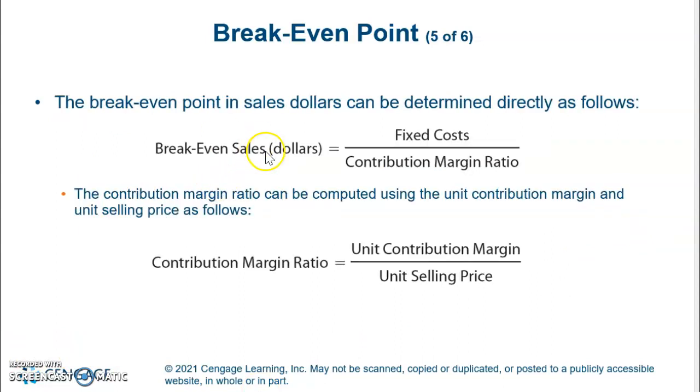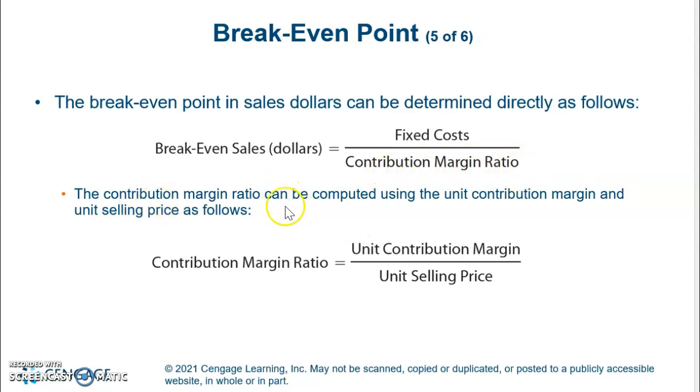Now, if you want to figure out how to calculate the break-even sales amount in dollars, instead of the number of units, you want the number of sales dollars. You're going to still take your fixed costs, but this time you would divide by your contribution margin ratio.